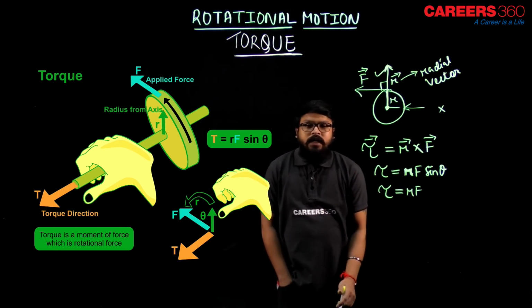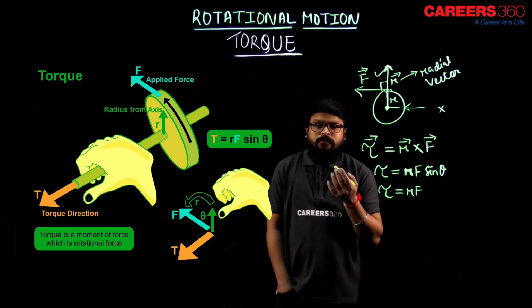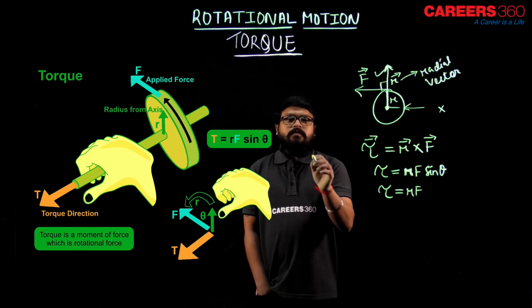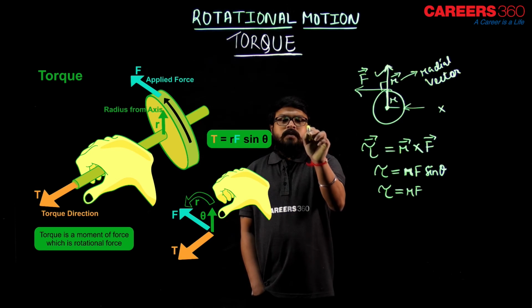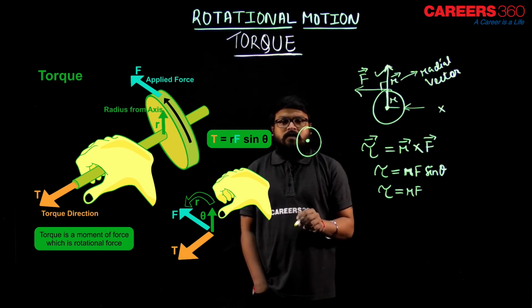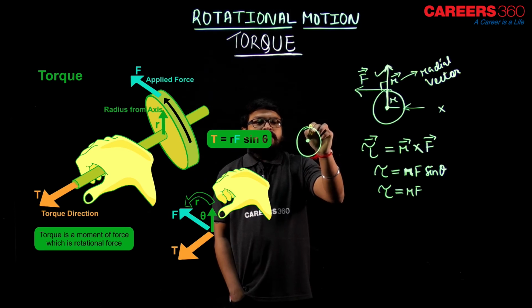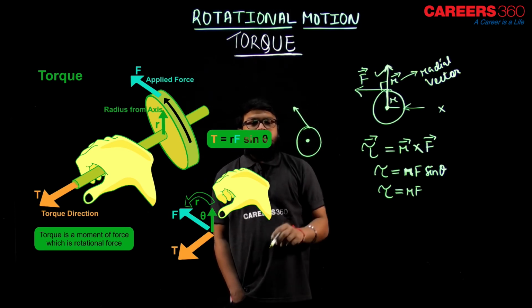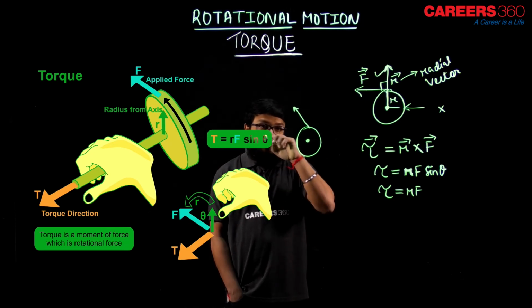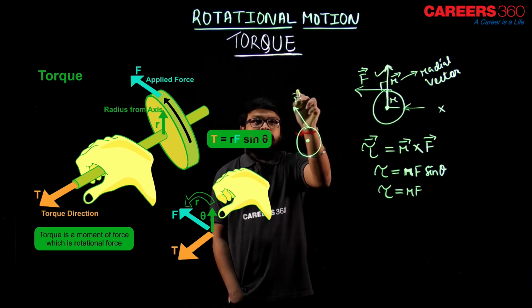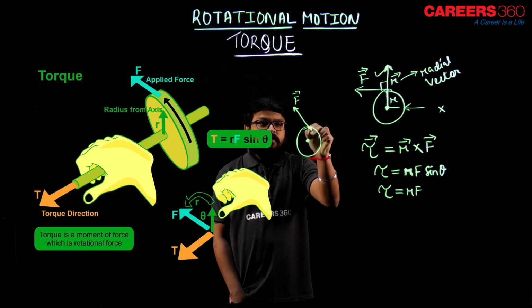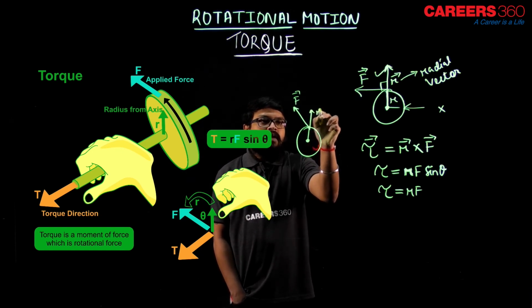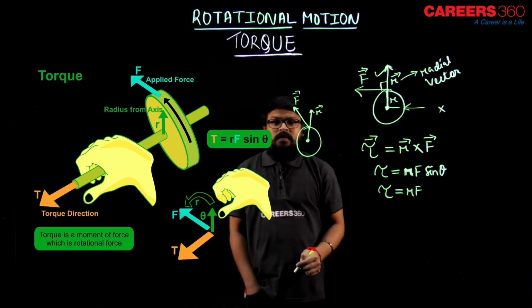But what if I apply the force at some angle? Suppose this is the wheel, and this is the center of the wheel. I apply the force in this direction, and this is the point of application of force. So this is our radial vector, isn't it?